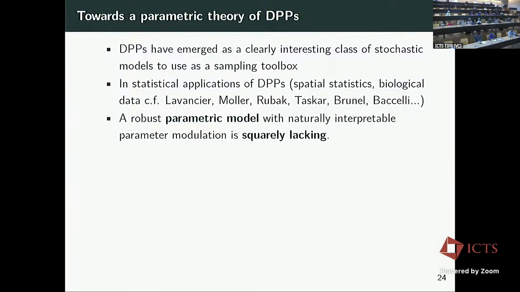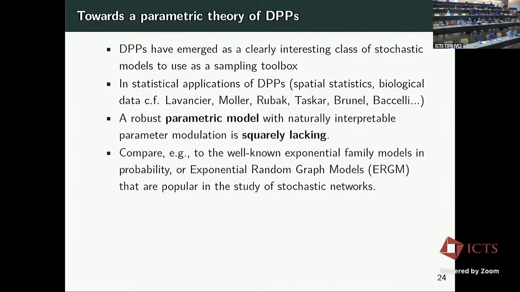However, a robust parametric model with naturally interpretable parameter modulation is quite lacking. I would like to compare this to the situation in classical statistics, let's say in Stats 101 or 102, depending on the school. We are introduced to exponential family models, and these are extremely powerful, right?